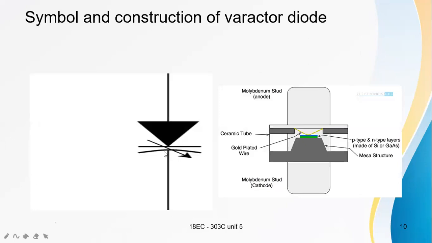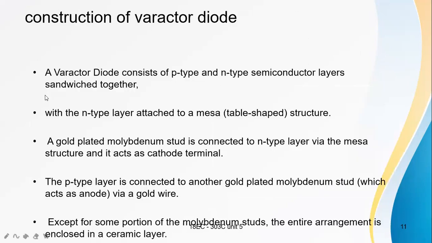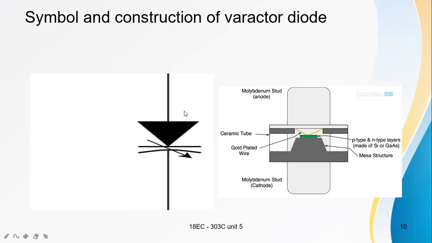This is the symbol of the varactor diode: a diode with a capacitor, and this arrow indicates a variable capacitor. This is the construction of the varactor diode. If you observe the construction, these are P and N type layers made of silicon or gallium arsenide.